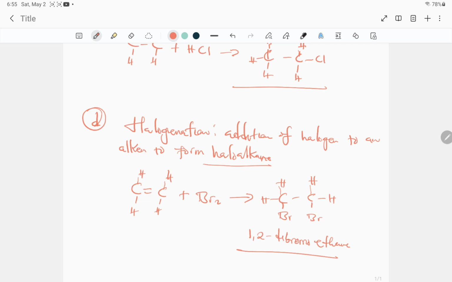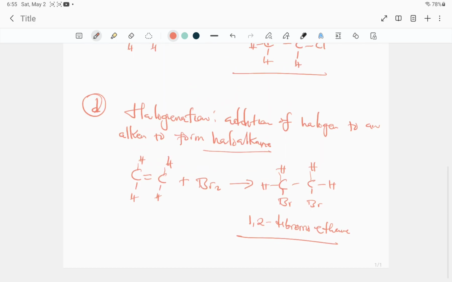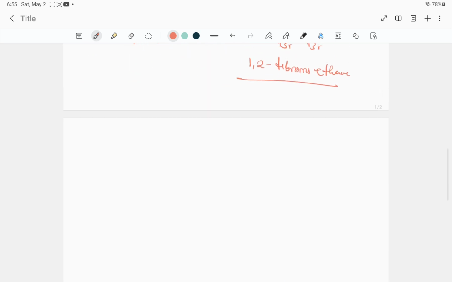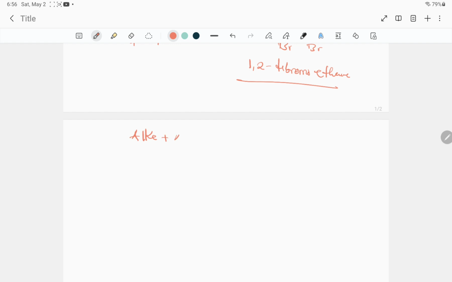After we have understood the addition, maybe just to add something that can help us to introduce polymers, we can also add alkene to alkene to form a polymer. So if you say alkene plus alkene, we are going to form what we call a polymer. Polymerization is also a subtopic under organic chemistry.